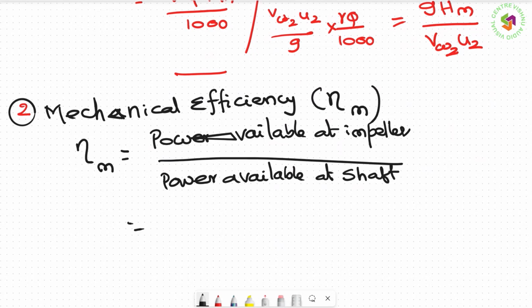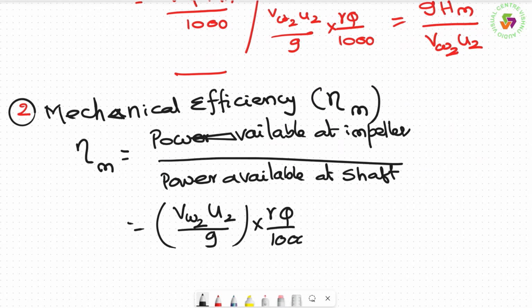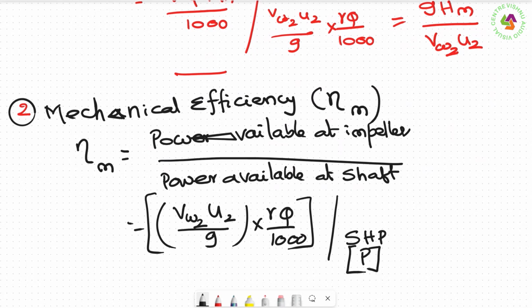So power available at impeller is Vw2 U2 by g into gamma Q divided by 1000 to convert into kilowatts, divided by the shaft horsepower, which we call P. So this is mechanical efficiency.